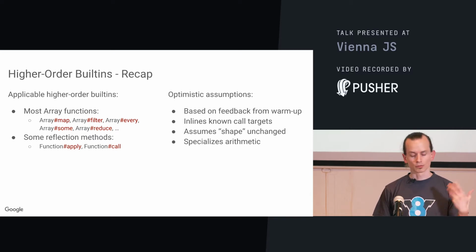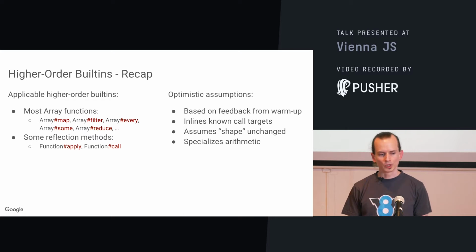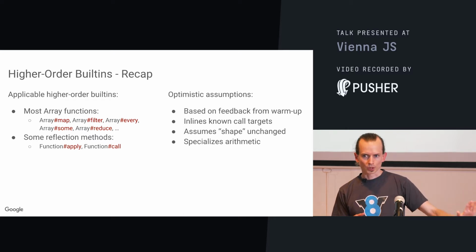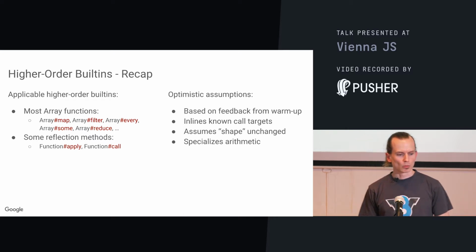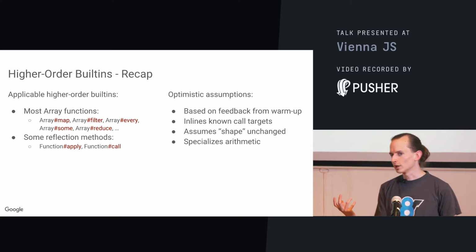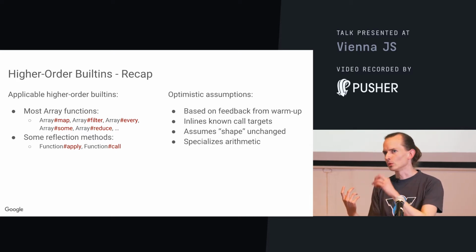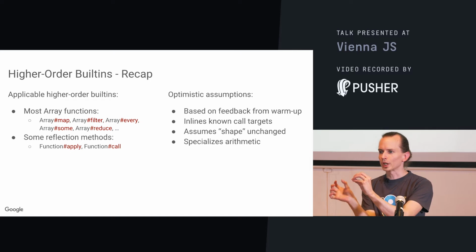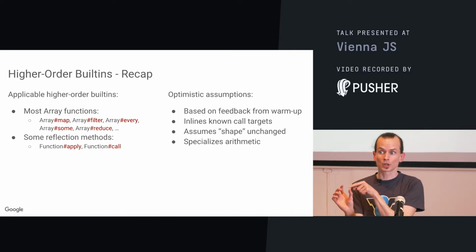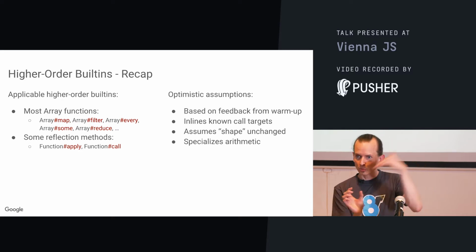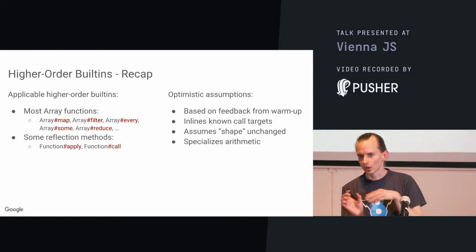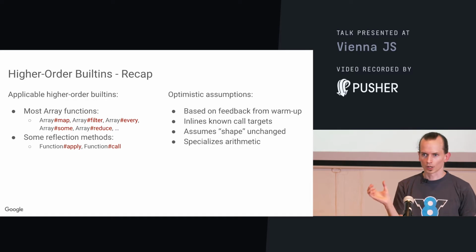And again, our optimizations are based on feedback that we got during the Ignition run. We inline known call targets, so that means if a certain use site of the higher order built-in always uses the same function, we can inline it. That has a major advantage if you don't put different functions into one place in array every, for example.